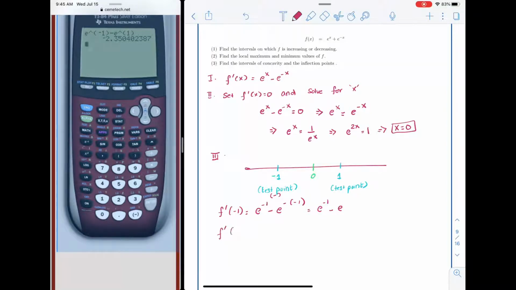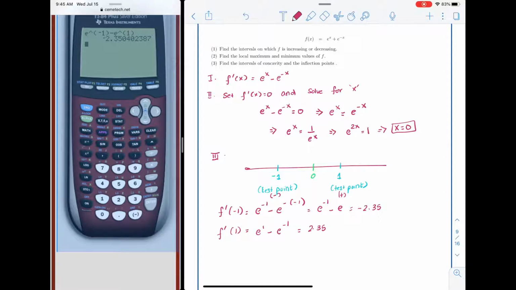Pick an easy number, which we've picked to be 1. So e raised 1 minus e raised minus 1, which would simply be the reverse of what we had before. So this would be positive 2.35. So it's positive on that interval.